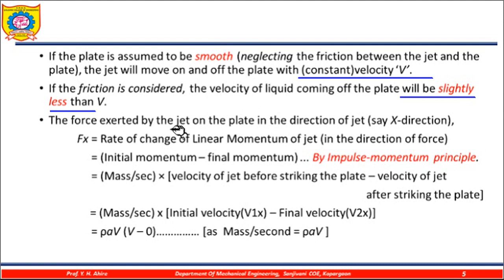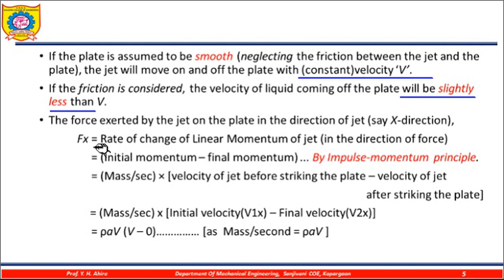The force exerted by the jet on the plate in the x direction, in the direction of the jet, can be given by using the impulse momentum principle. Let us call it Fx.